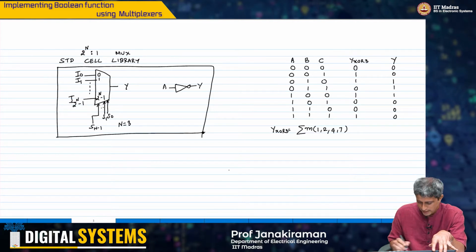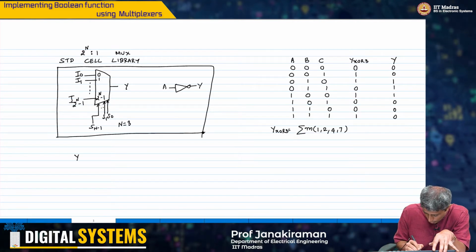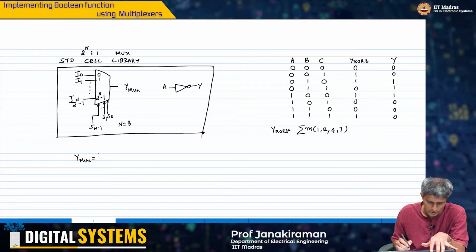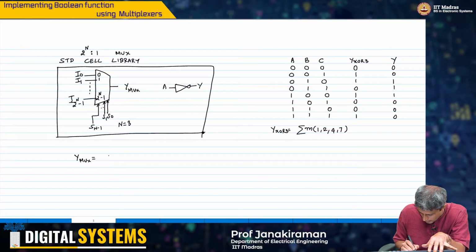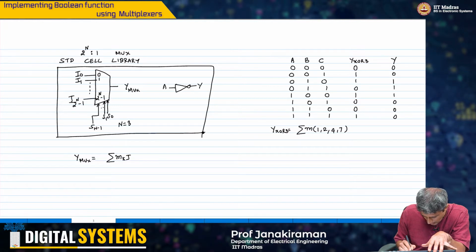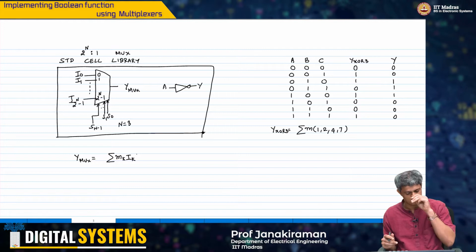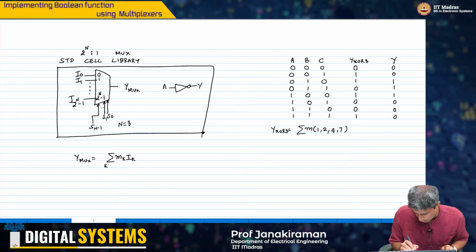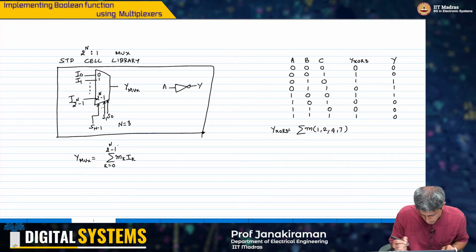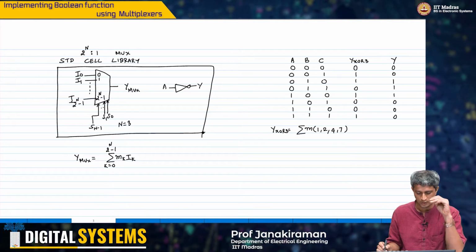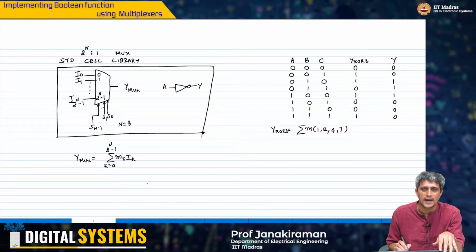Okay, so let us see what this multiplexer output was. The mux output was simply the summation, or OR gate actually, of mk into input ik, with k going from 0 to 2 power n minus 1. Okay, so this was for the n input case.